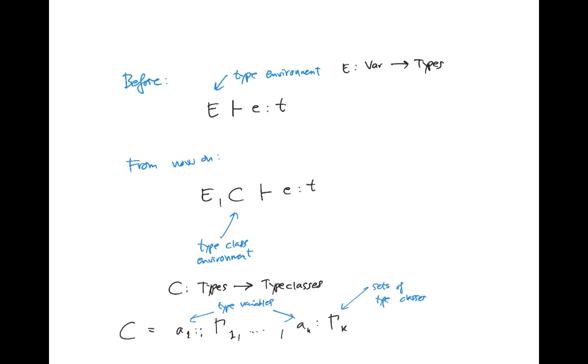And when we write that T double colon gamma, this means that type T is in each of the type classes in gamma.